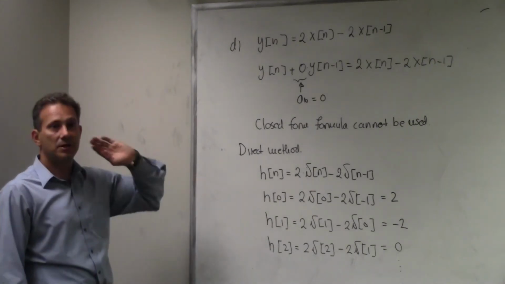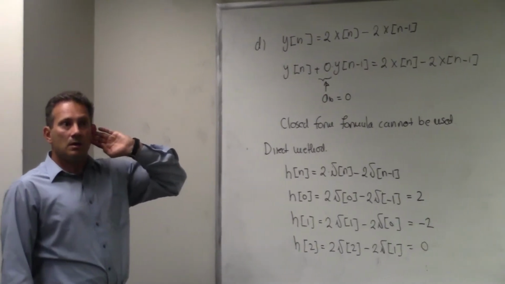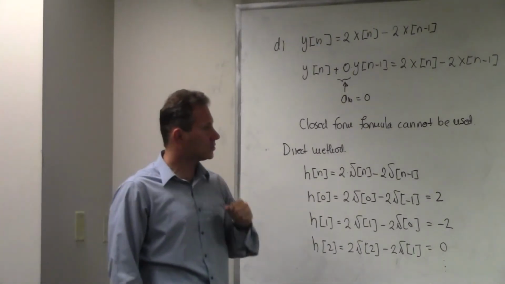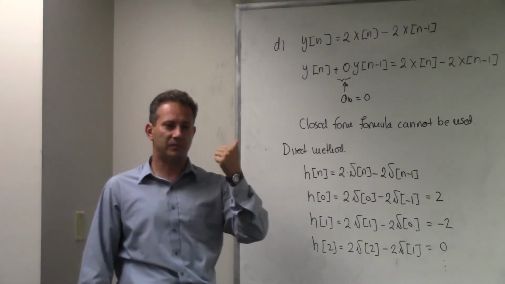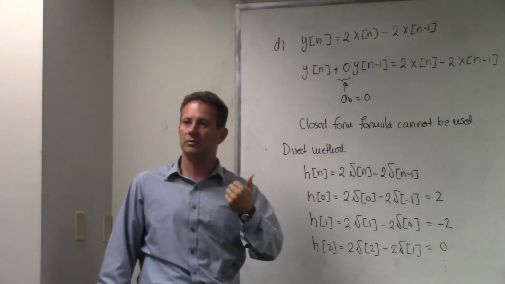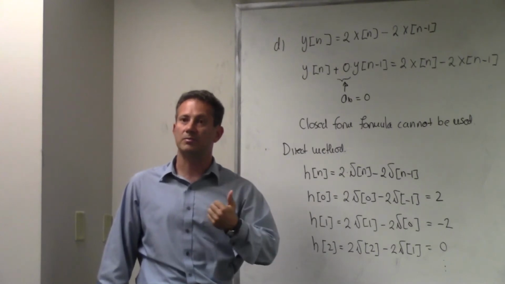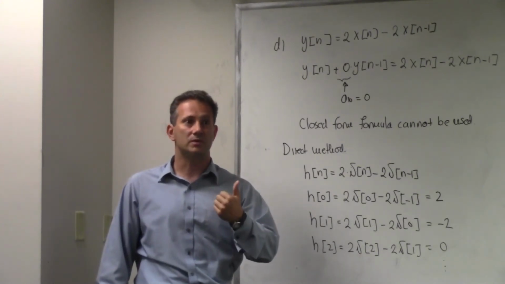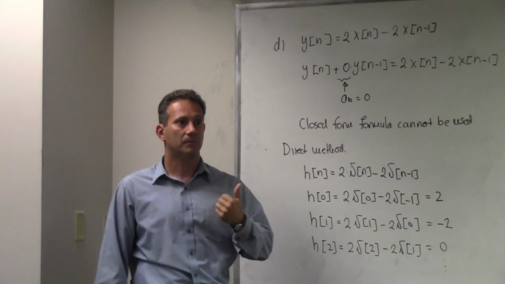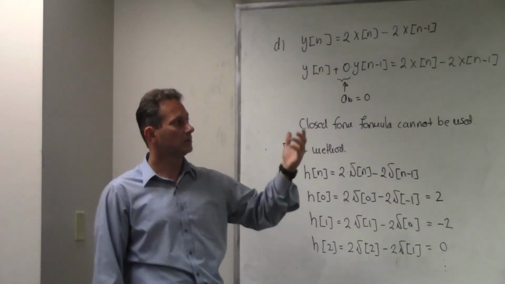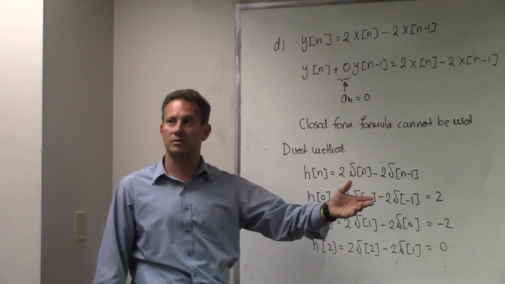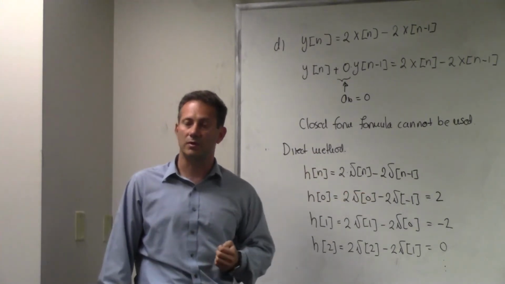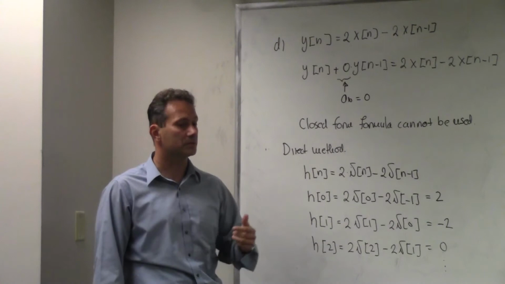Okay, any questions here? So where do we stand now? We know two things. First, we know how to determine the natural response, right? The response of the system to 0 input. If we have initial conditions, we solve the characteristic equation, write out the format of the natural response, and then solve the coefficients by applying the initial conditions.